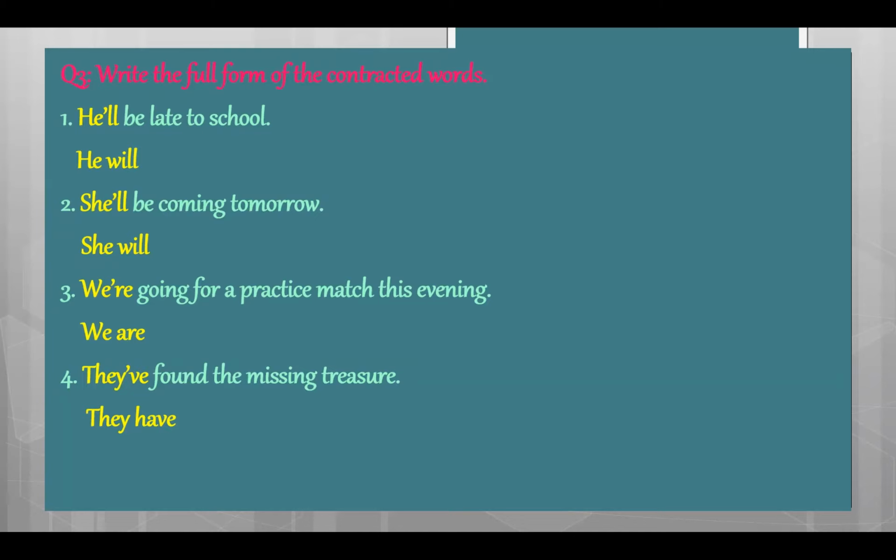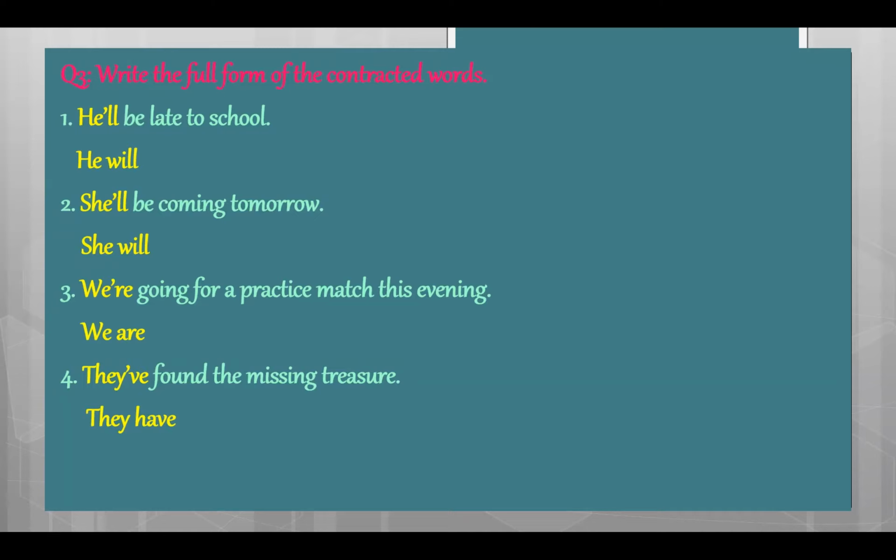Number 2. She'll be coming tomorrow. The full form of she'll is she will. Yes. Number 3. We're going for a practice match this evening. What's the full form of we're? Yes, we are.